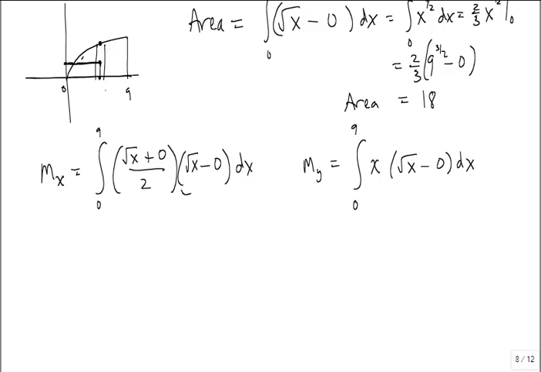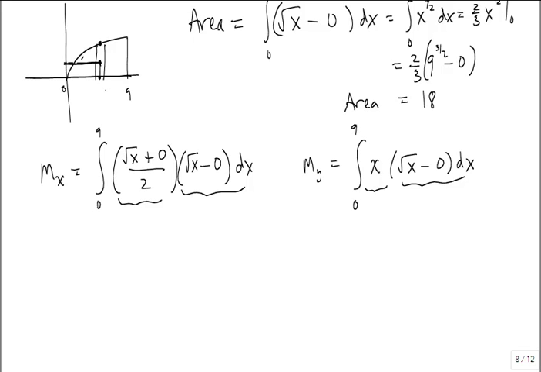Okay, so these parts of the formulas will be the same for both m sub x and m sub y. The only part that's different is here we use the average when we want that y coordinate, and here we just use x when we want that x coordinate.